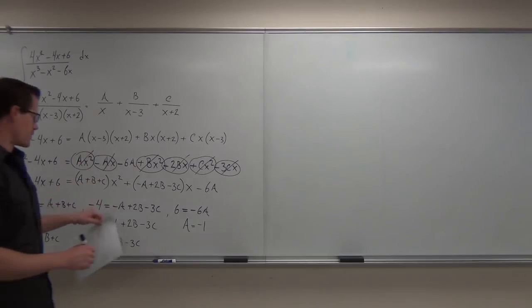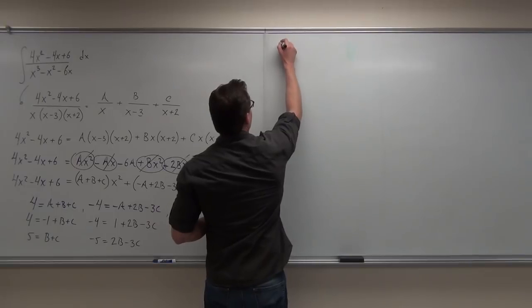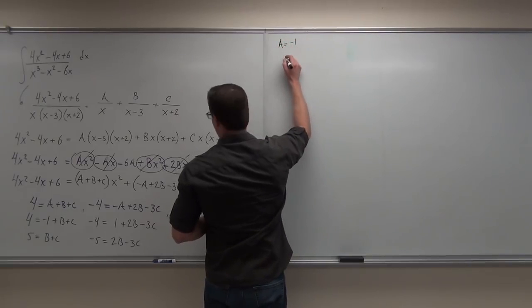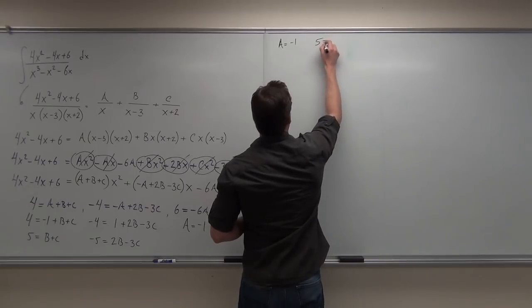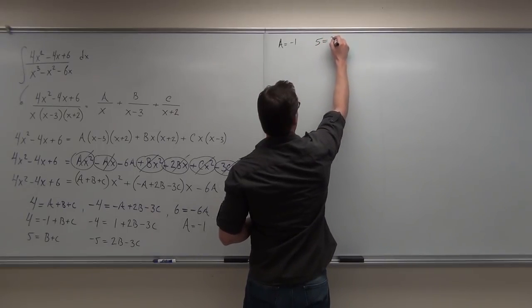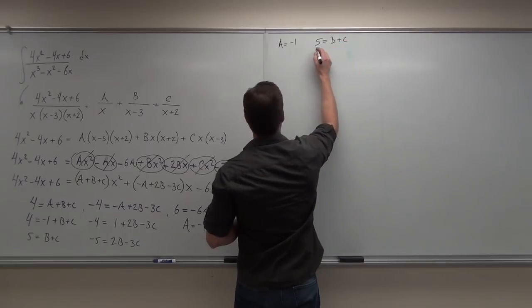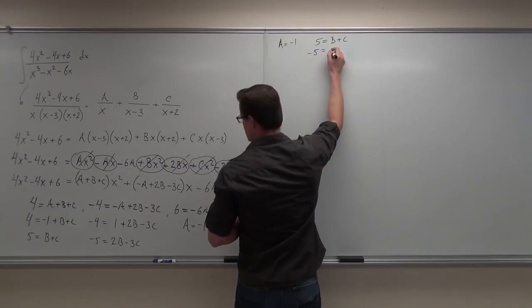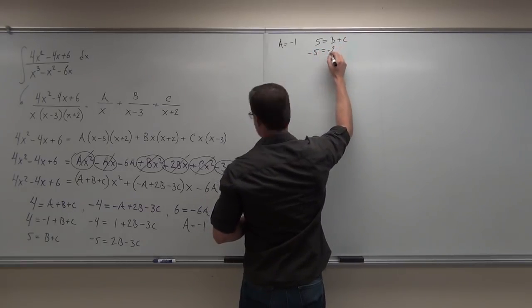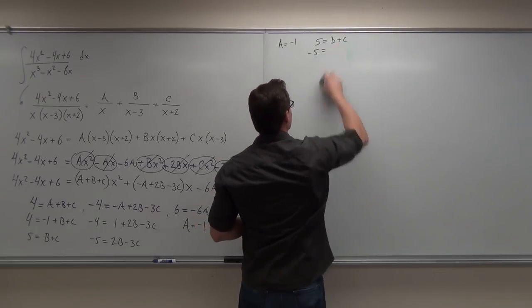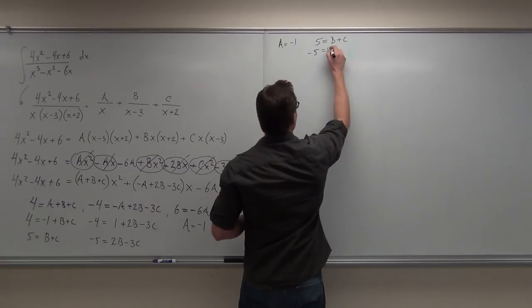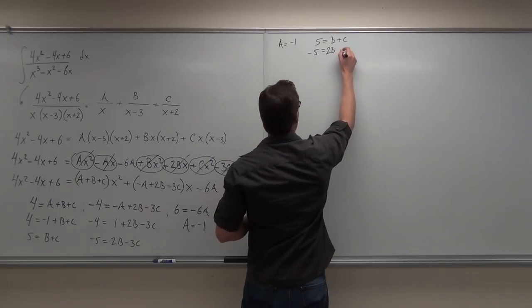I'm going to have to move up here. I'm going to rewrite this a little bit. So what I know is that a is negative 1. What I also know is that I've got 5 equals b plus c. I know that negative 5 equals positive 2b minus 3c.